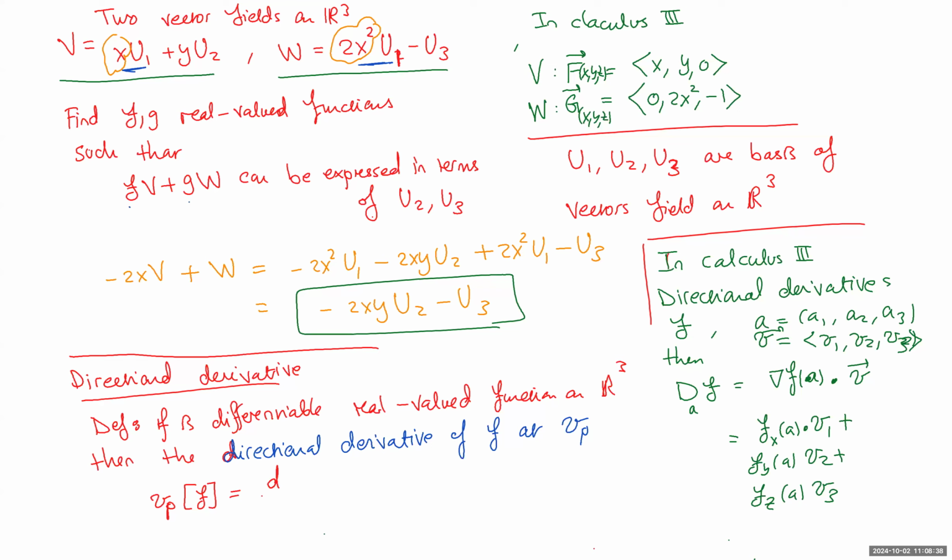What does this mean? This means d over dt of f at p plus tv, and then we plug in t equals 0.